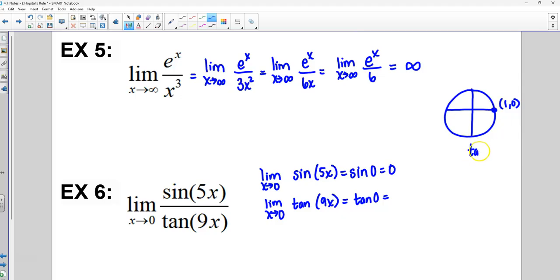Tangent of 0 is sine of 0 over cosine of 0. So we're going to get 0 over 1 here, which would still be 0. So L'Hopital's rule applies. You need to at least think through that. If it's free response, you need to write it down.